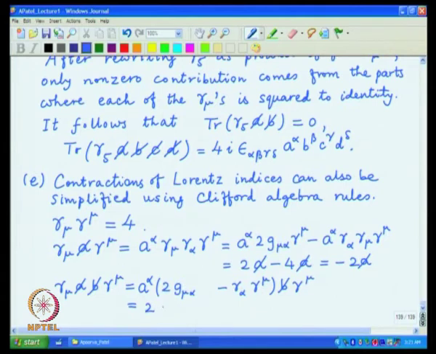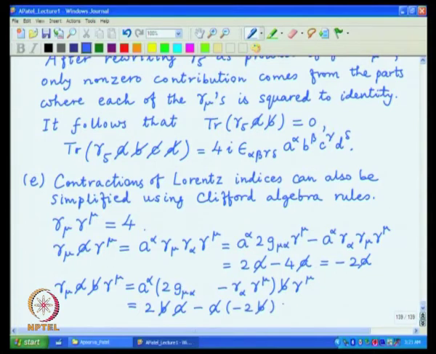So, it becomes 2 B slash A slash, and this object we have already seen how to simplify in the previous results. So, it is minus A slash and gamma mu B slash gamma mu is equal to minus 2 B slash.